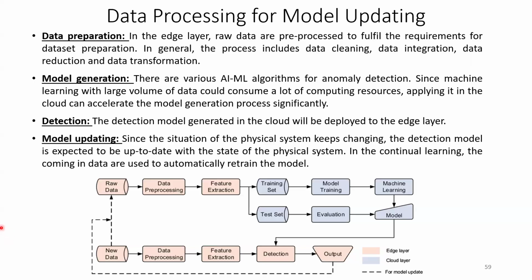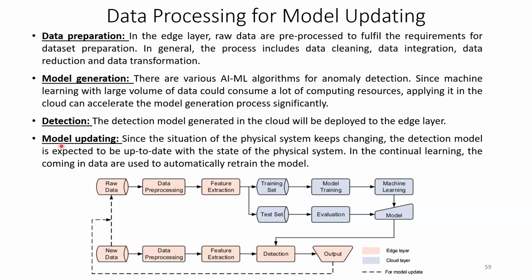Finally, we have model updating. As the system evolves, the model must be synchronized with the latest operational conditions. This is achieved through continual learning, where new data is used to automatically retrain the model.